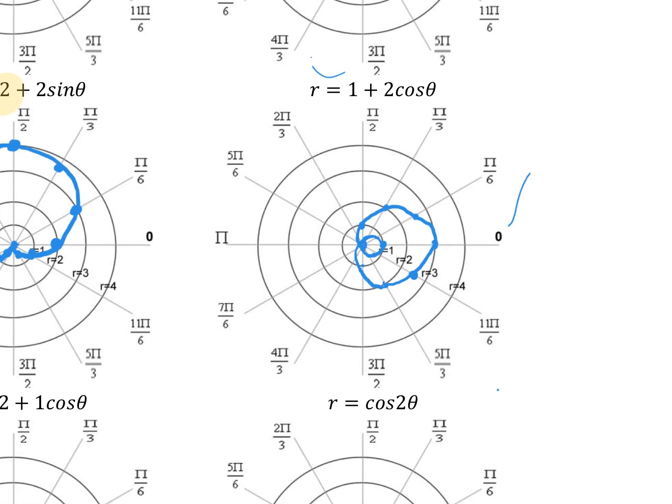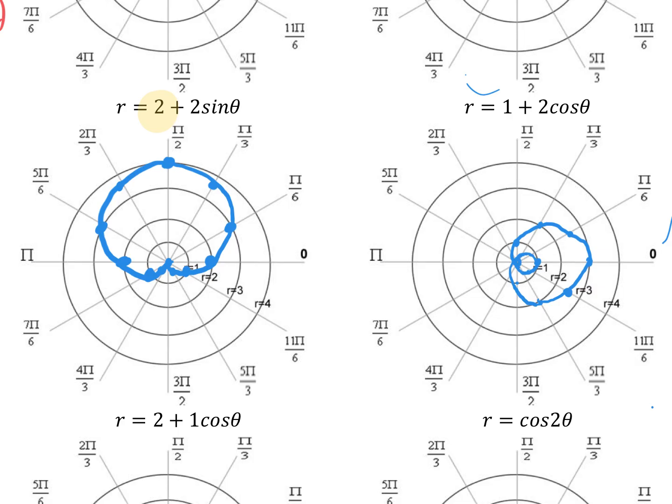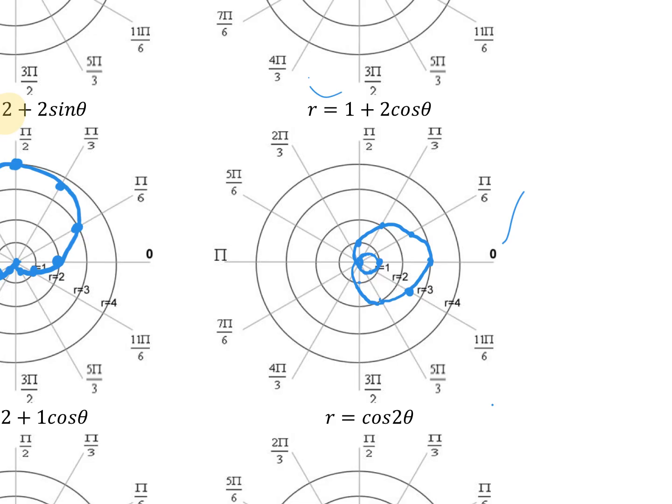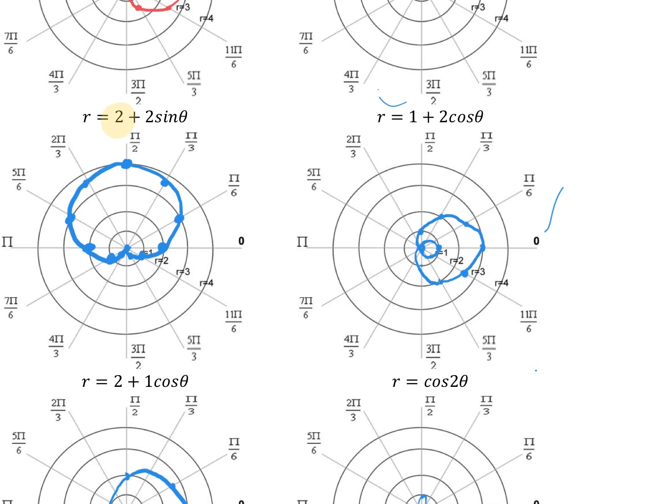Notice when we added this 2, that circle kind of came underneath here, all right? And it got this little bubble there, okay? But when we only add 1, well, we get something interesting.